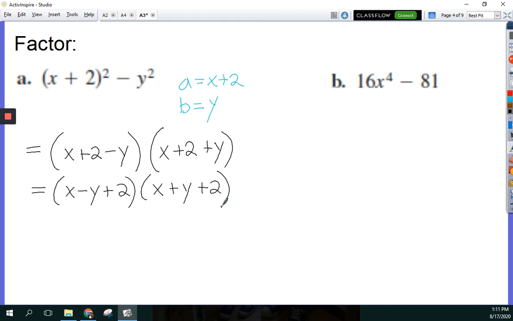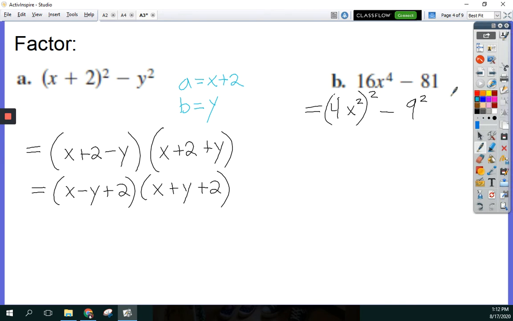So for our next one, it's not quite as easy to tell what's being squared. So again, I'm just going to rewrite so we can see it a little bit easier. So for 16x to the 4th, we could rewrite that as (4x squared) quantity squared minus 9 squared.